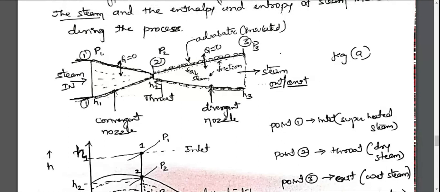That Q adds heat to the steam, and the temperature of the steam increases. So 210 degrees Celsius steam will become 250 degrees Celsius steam. At 210 degrees Celsius the quality of the steam is less, and at 250 degrees Celsius the steam quality is better than at 210. So the addition of heat generated by friction between the fluid and the surface of the nozzle also increases the quality of the steam.